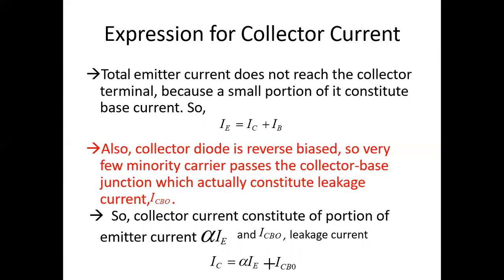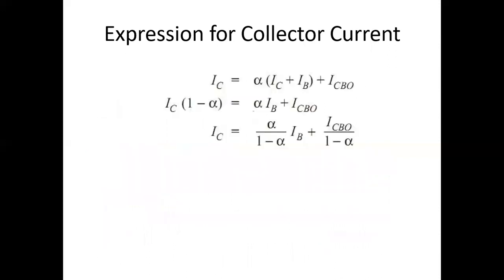The total current is IE, and it comprises IC and IB. Finally we have the equation IE is equal to IB plus IC. For collector current, previously we have IC equals alpha IE plus ICBO, and we put the value of IE in this equation.